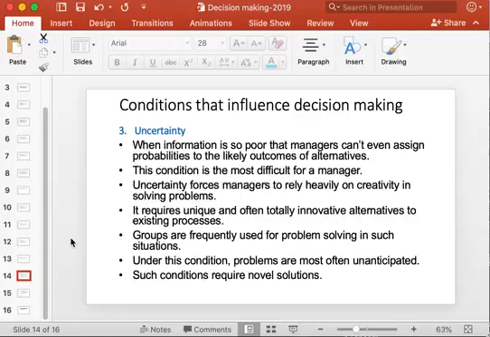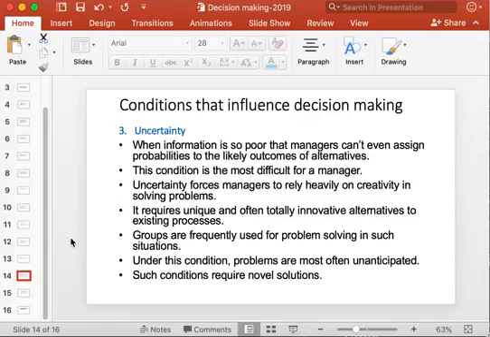Another condition under which managers will have to make decisions is the uncertainty condition.